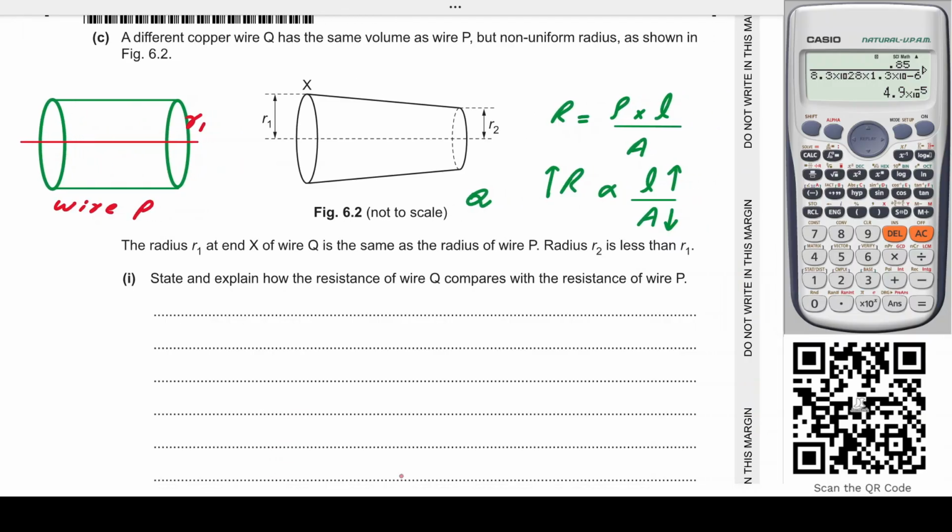The cross-sectional area of the wire P does not change, but the cross-sectional area of wire Q decreases and decreases.